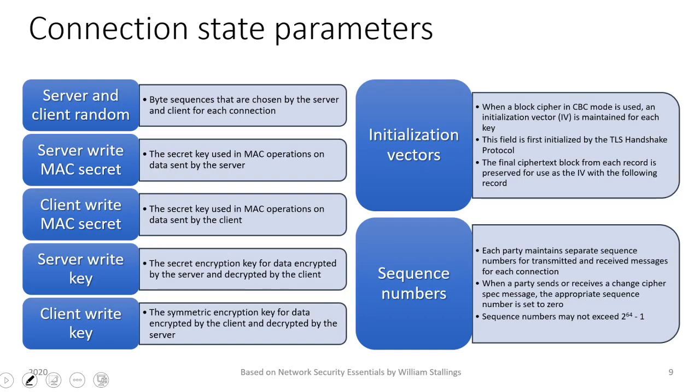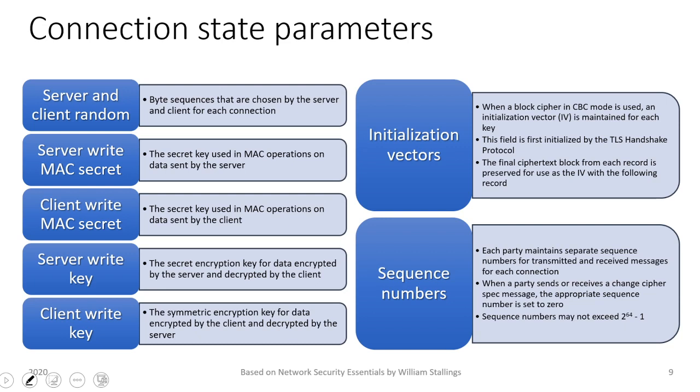So when we think about connections and connection states, there are a number of common parameters that we can identify related to a connection. The server and client random are byte sequences that are normally used for each connection.